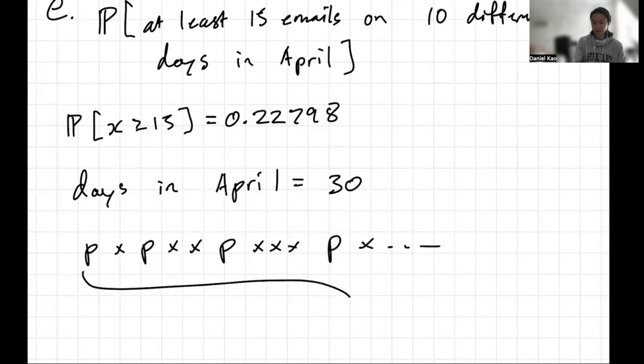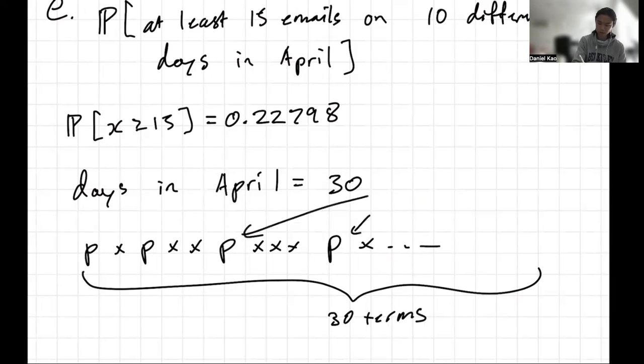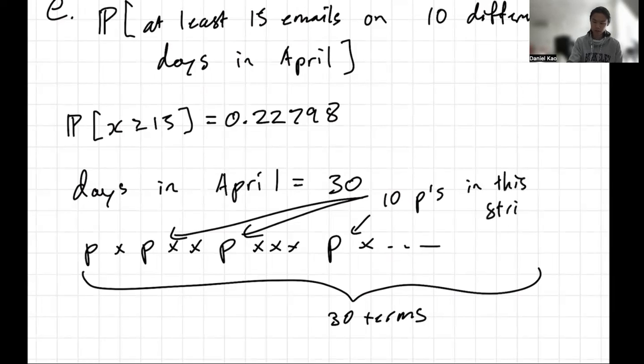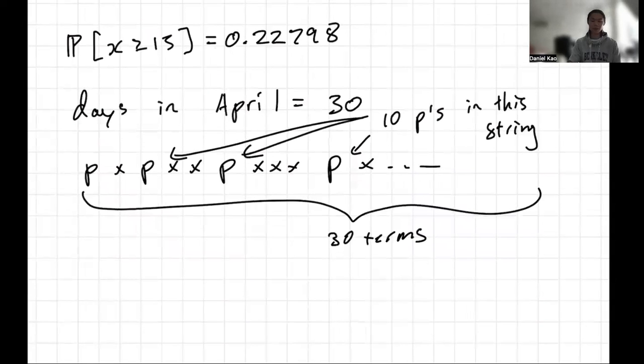And what you notice is that there should be 30 terms here and 10 P's in this string. Oh, okay, this looks pretty familiar now. This just looks like a bit string to me.